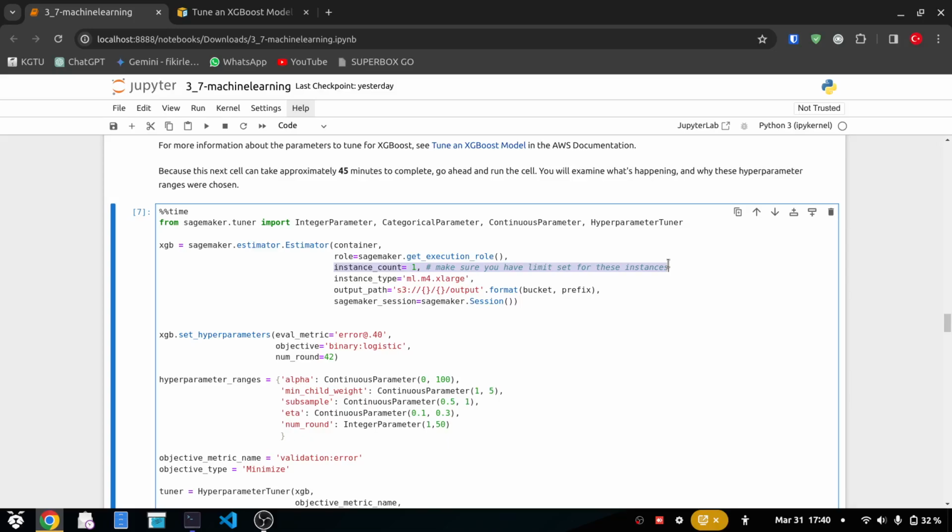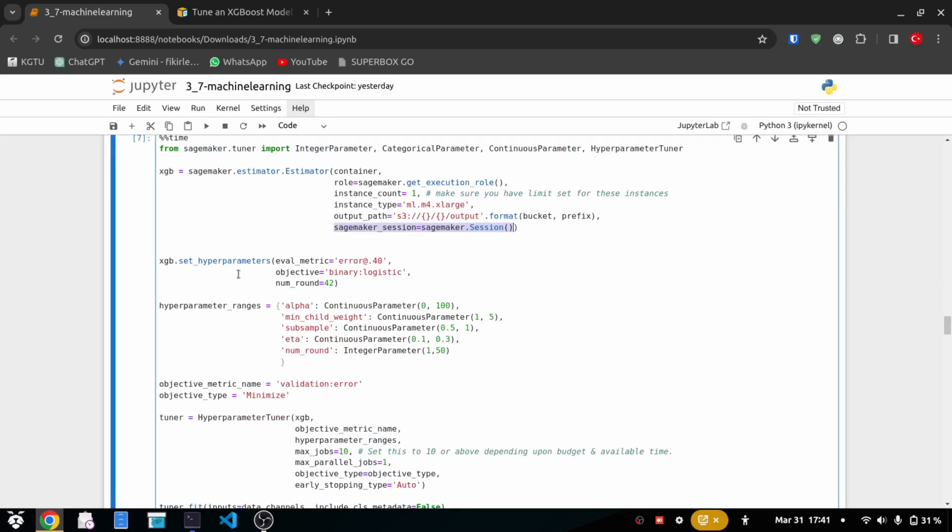That's a really good solution, because hyperparameter tuning takes too much time. We have an instance type definition in here. You can also increase the power of the computer that you hired by changing the instance type. The output path is defined in here. Also we have a session in here.